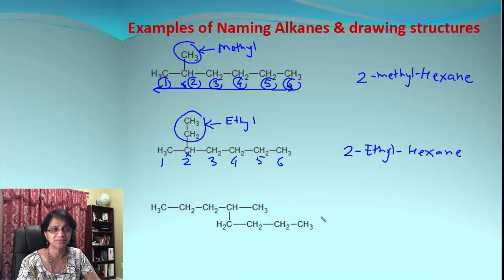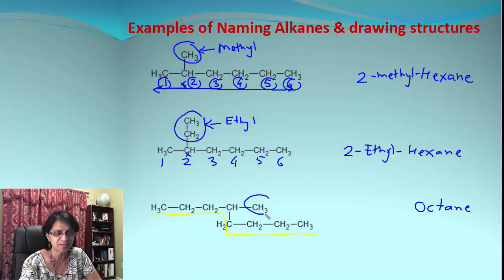Look at the next compound. That does look tricky. So if I want to find out the longest chain, I can clearly go zigzag like this, and that is the longest chain. So how many carbon atoms we got there? It's 1, 2, 3, 4, 5, 6, 7, 8. That means I have an octane.